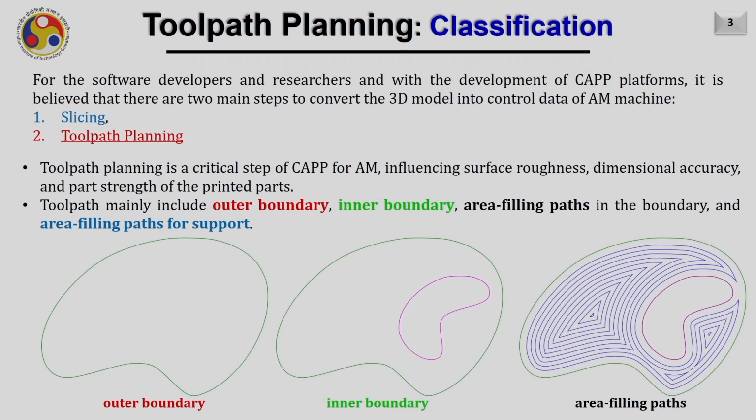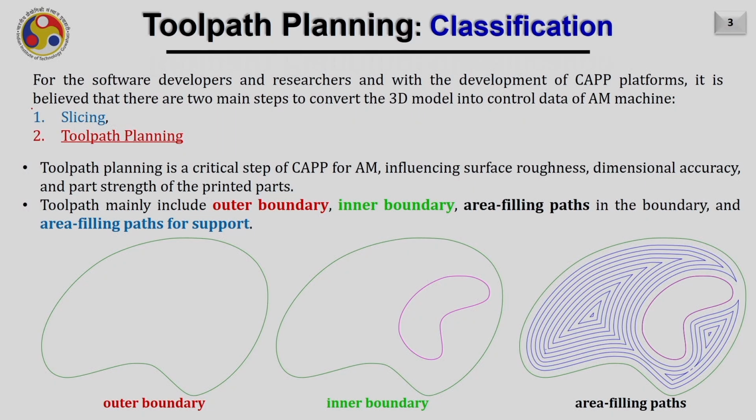As discussed earlier, researchers working in CAPP of additive manufacturing need to perform operations in two particular fields. One is slicing, another is toolpath planning.